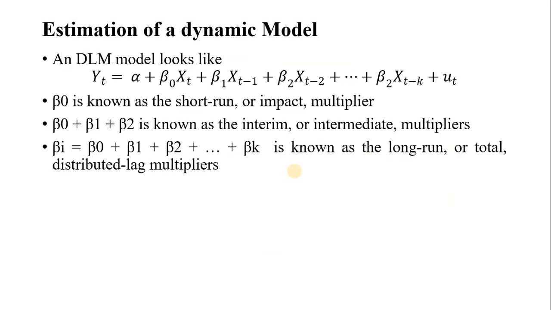So in lagged models there will be an intercept and slopes, and the slope can be a short-run slope, intermediate slope, or long-run slope. These are known as the short-run multiplier, intermediate multiplier, and long-run multiplier, that is, short-run impact, intermediate impact, and long-run impact.